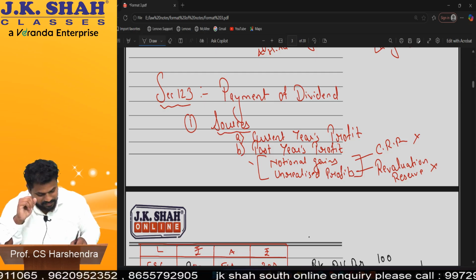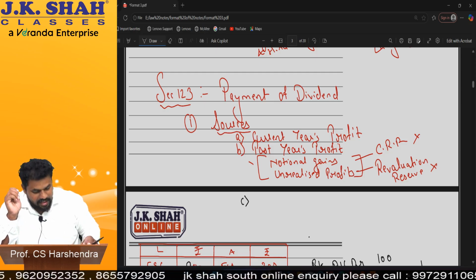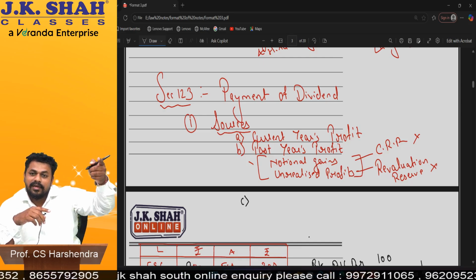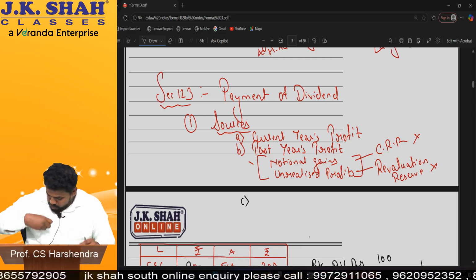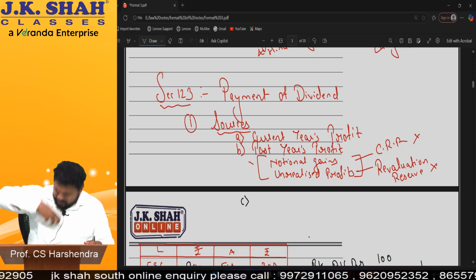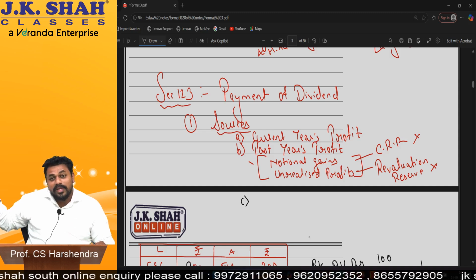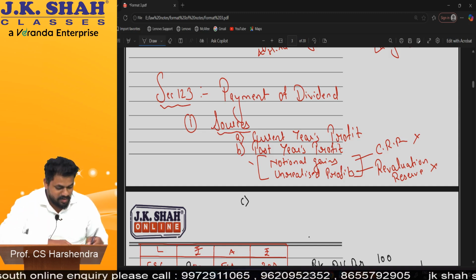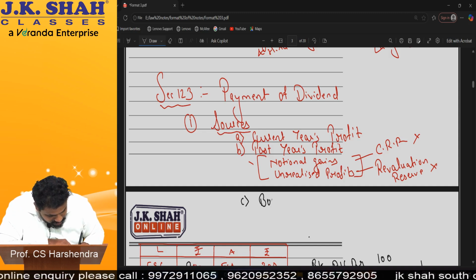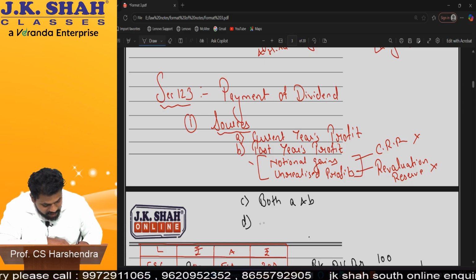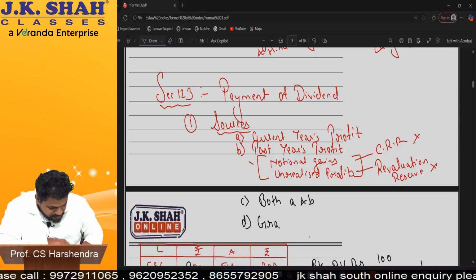Am I clear? Now see, beta, can you use both current year's profit and past year's profit? Answer is yes. Like if you want to buy chocolate, you will use your money. But if you don't have money, you will use papa's money. Can you use both your money and papa's money? Yes. So both A and B. And D point is grants from government.